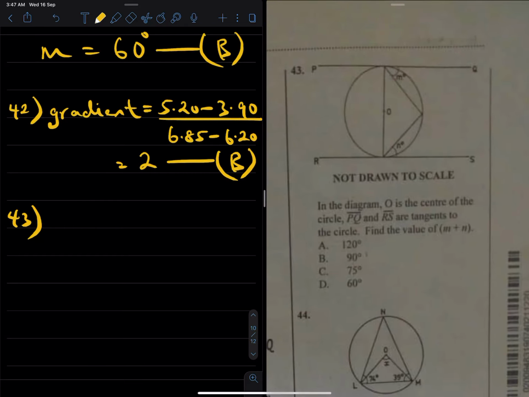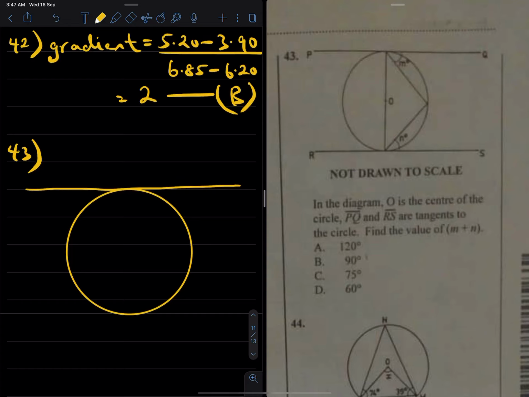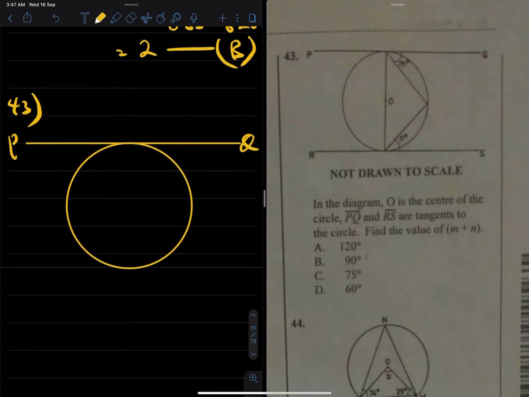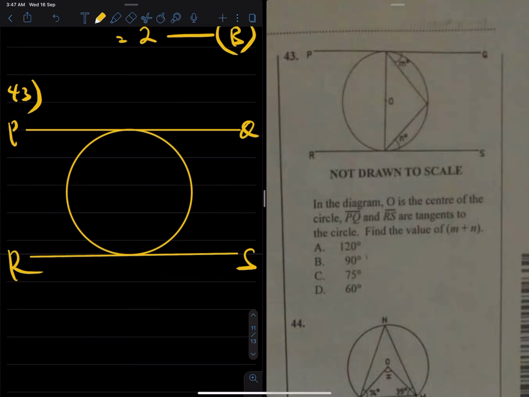Another question. Oh, that's another question on circle geometry. Let me draw the diagram here because it looks quite blurry. Yes, so that's it. There's a straight line here. That's a tangent PQ. And there's another one down here, which is tangent RS.